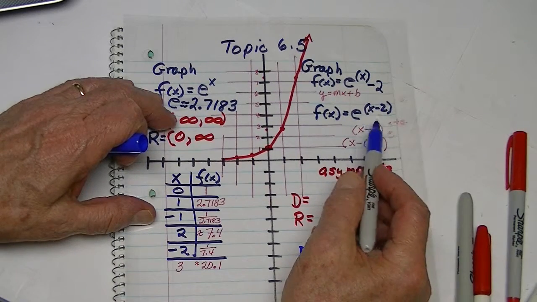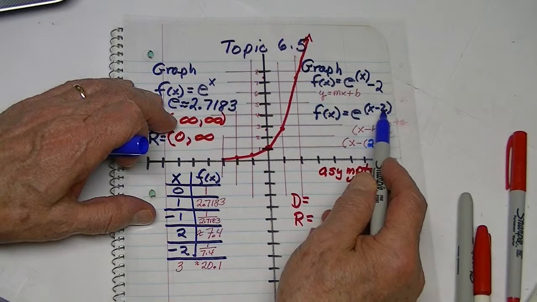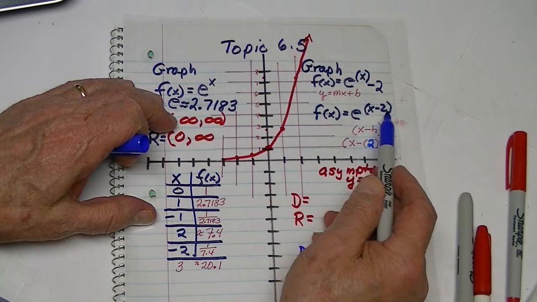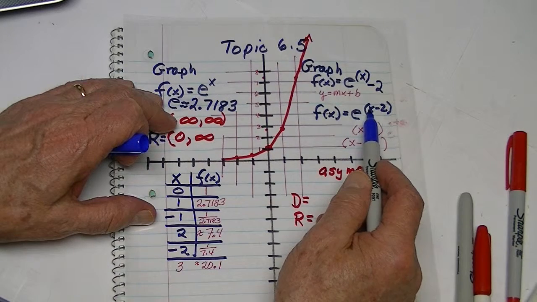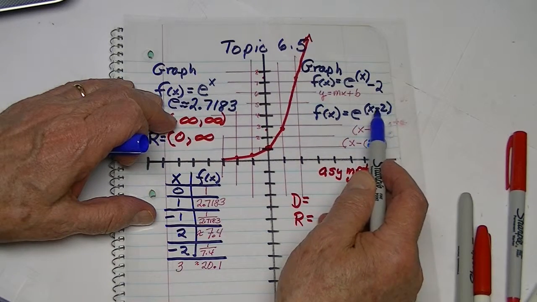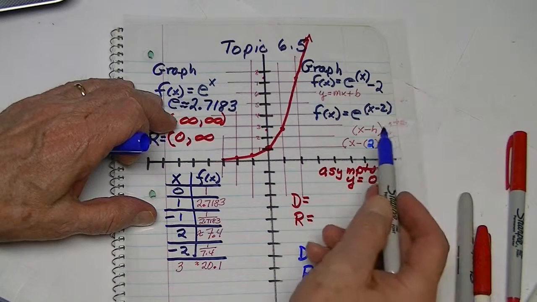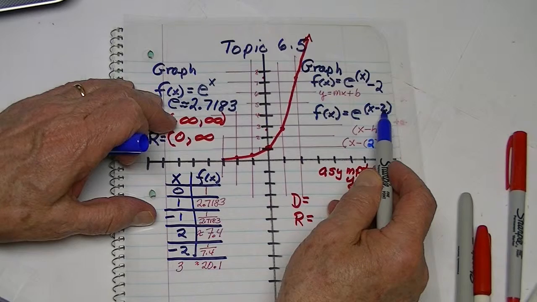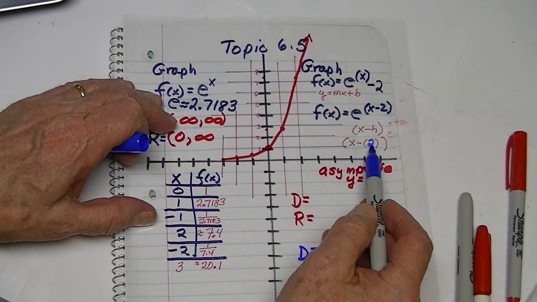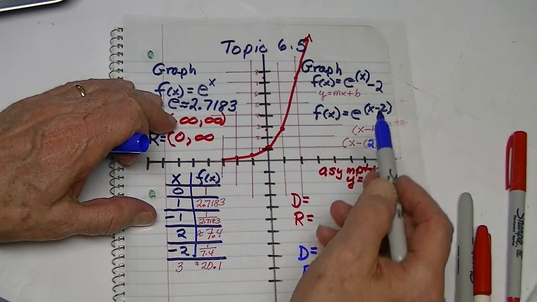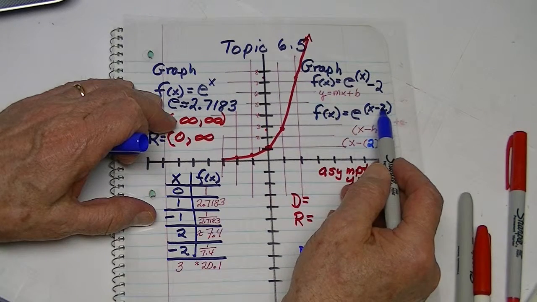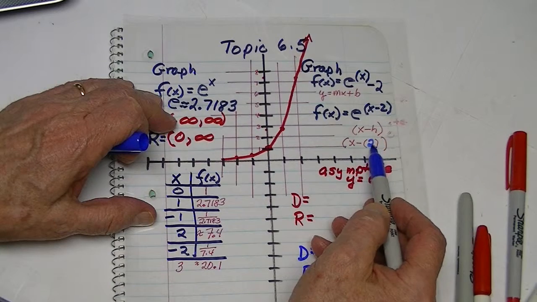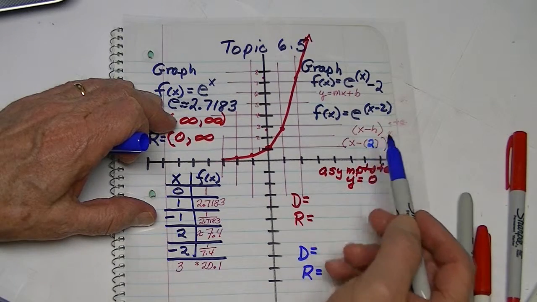So a shortcut when we are asked to graph something like this is when we see it's an exponent and it's in parentheses like this, it is the opposite sign that we're going to move our graph. So where here it looks like a negative 2, we know from this formula that it's actually a positive 2.